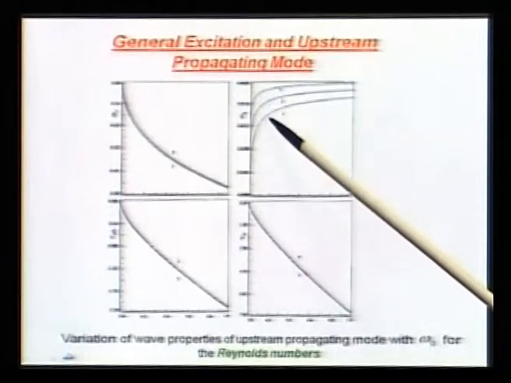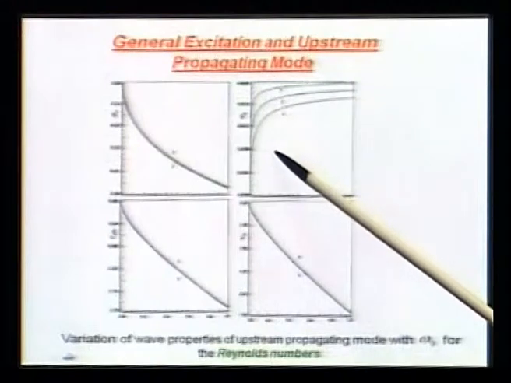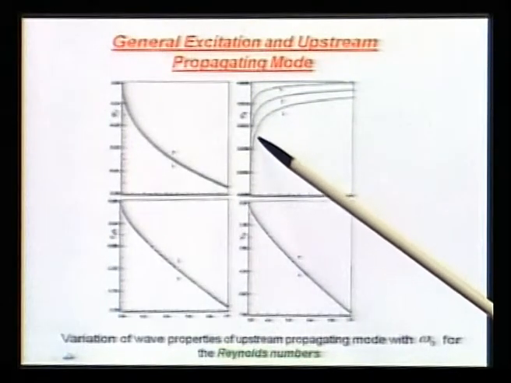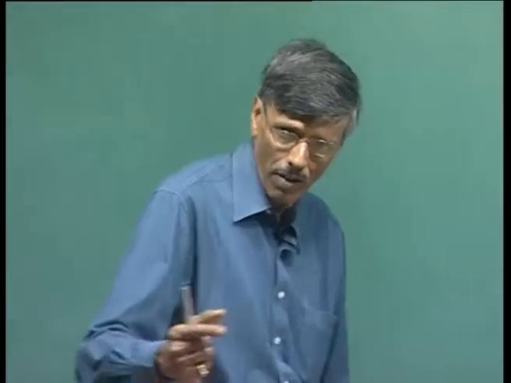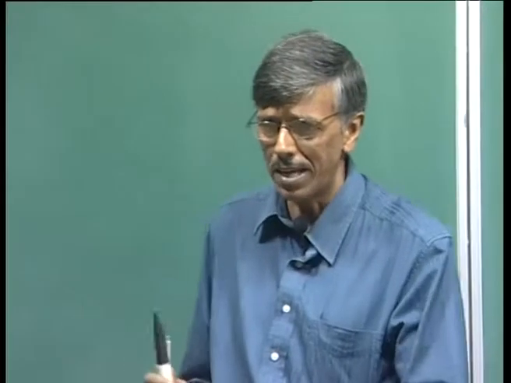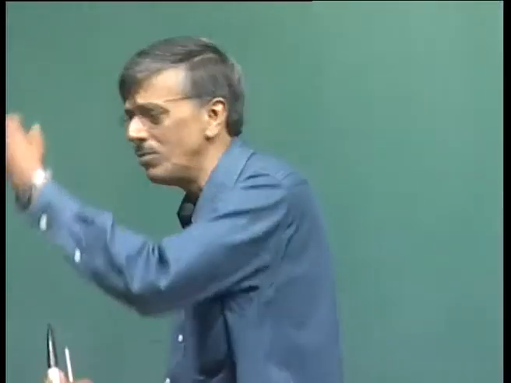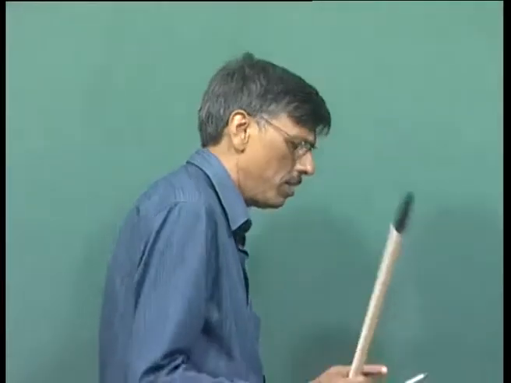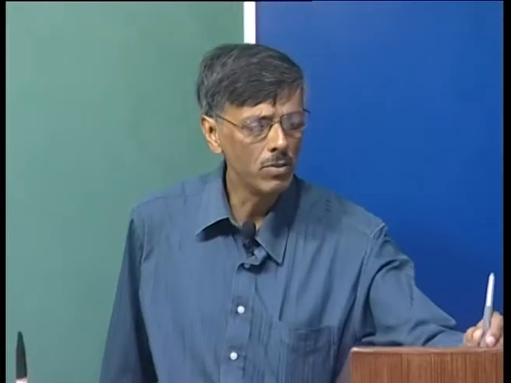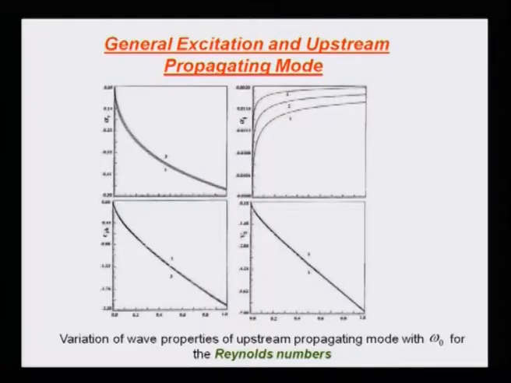They have very low decay rate. You can see these have pretty much close to 0 value. So, upstream propagating modes would be there if you are thinking of the flow in terms of a forced excitation. These convecting vortices would give rise to that kind of a footprint, which is what we are seeing here.